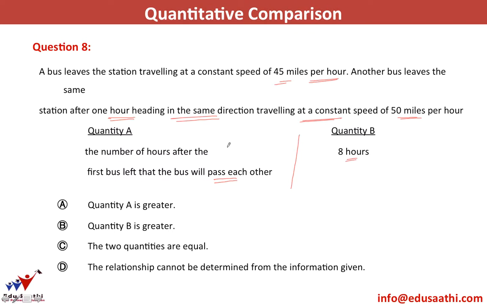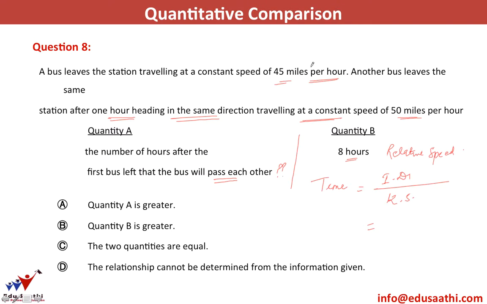So if I calculate the number of hours, I can see if it is more than 8 or less than 8. Now this is a question based upon the concept of relative speed. I hope you remember the formula. The time to meet up is the initial distance separating the two over their relative speed.